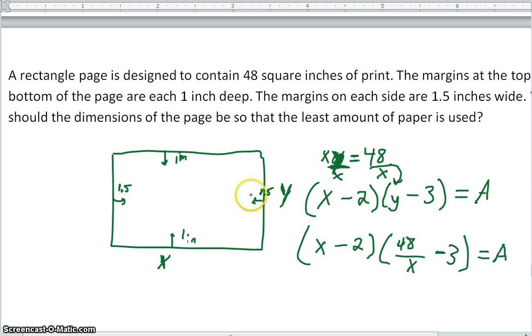Now I'm taking into account that I am subtracting the margins. What the book does is they take into account and add the margins to create more of an area. So what you could do, and this is totally different, if you want to add the margins in, you can say, well, shouldn't I just be adding these instead because we want to use more of the area of the paper?